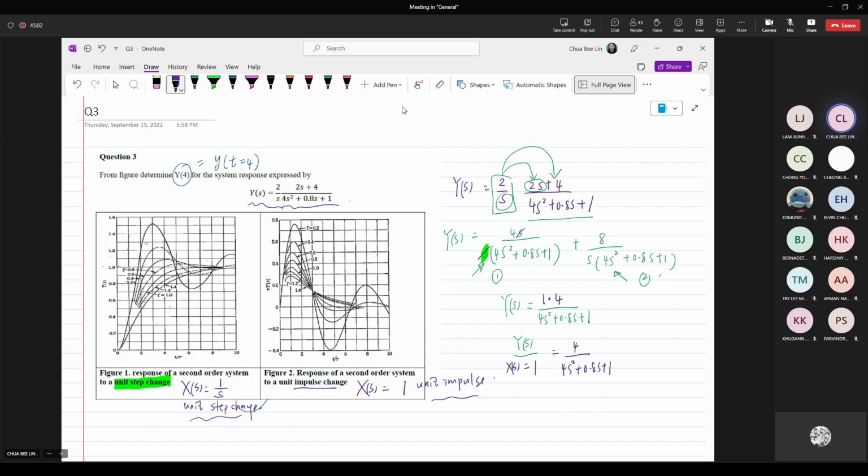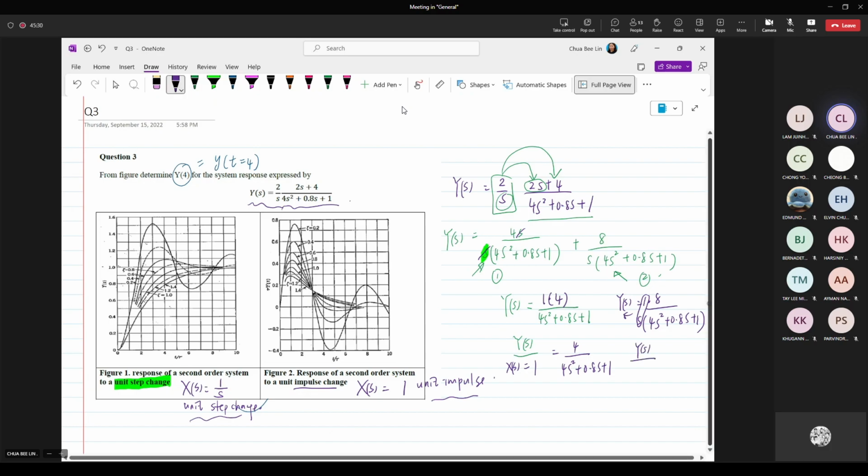Same goes to this one, your Y(s) equals 8 over s, then 4s squared plus 0.8s plus 1. Just imagine here you got 1 over s, move back to here so that you will get back Y(s) over 1 over s, just like you imagine here is your 1.